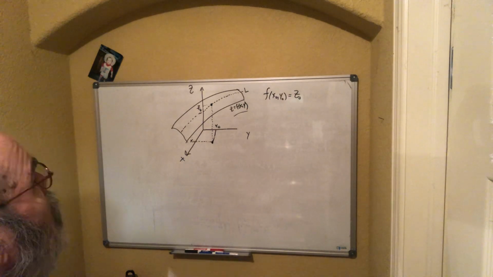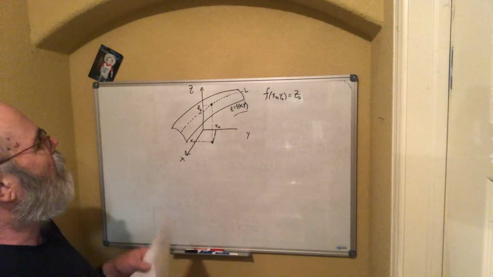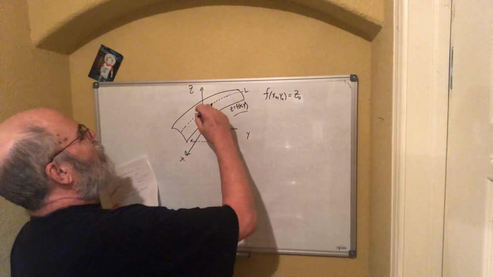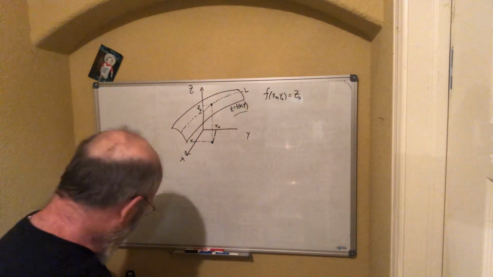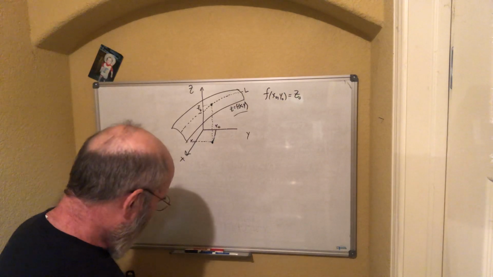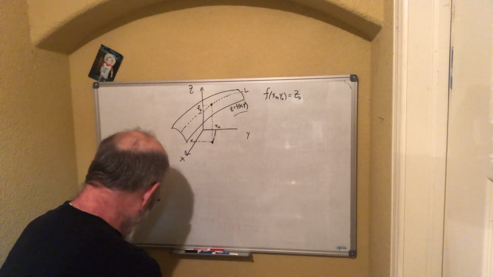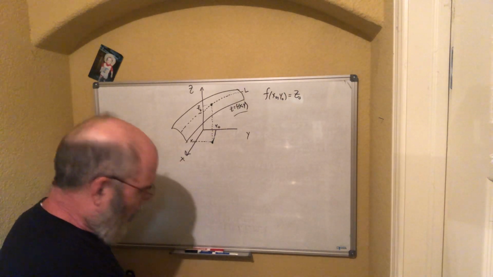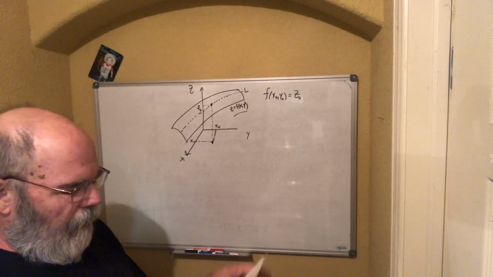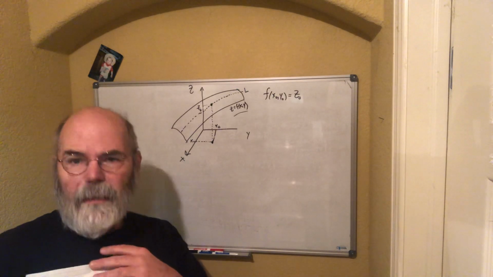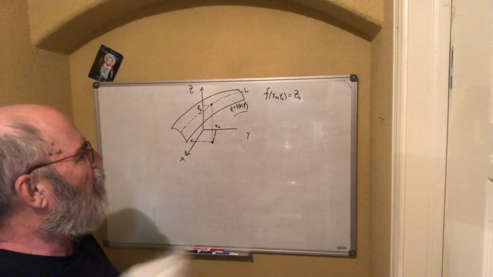Now there's a plane tangent to this. I'm not going to get into that; you can look at the book. The book talks about that. I talked about it the other day in our Zoom meeting a little bit, so I won't get into it here.